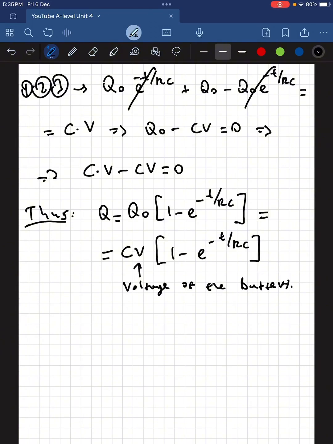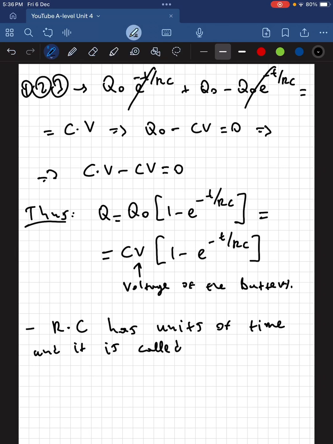Now, let's talk a little bit about that constant RC. RC has units of time, and it is called the time constant, tau.